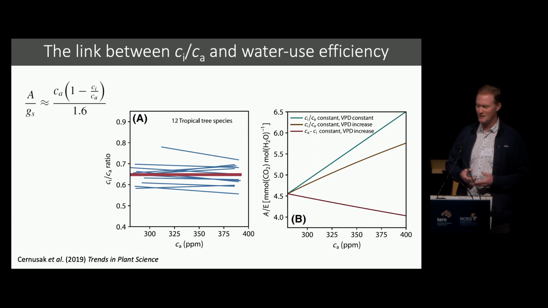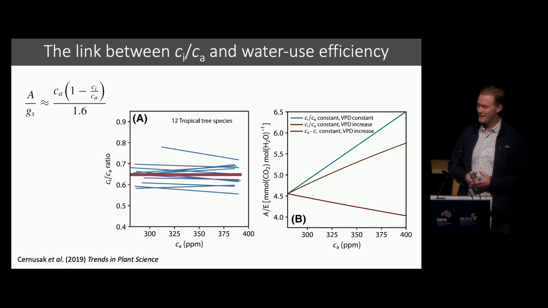It turns out if this stays constant, the ratio of intercellular to ambient CO2 concentrations, then if Ca goes up, that water use efficiency will increase in direct proportion to the increase in CO2 concentration outside the leaf, the Ca. So this is how we get the big increase in water use efficiency.